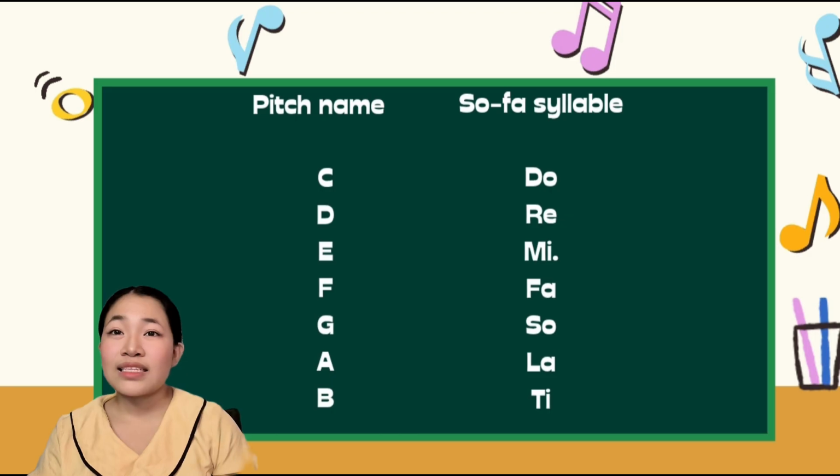The E is mi. The F is fa. The G is sol. The A is la. And B is ti. Okay, so it is do, re, mi, fa, sol, la, ti. And C, D, E, F, G, A, B.